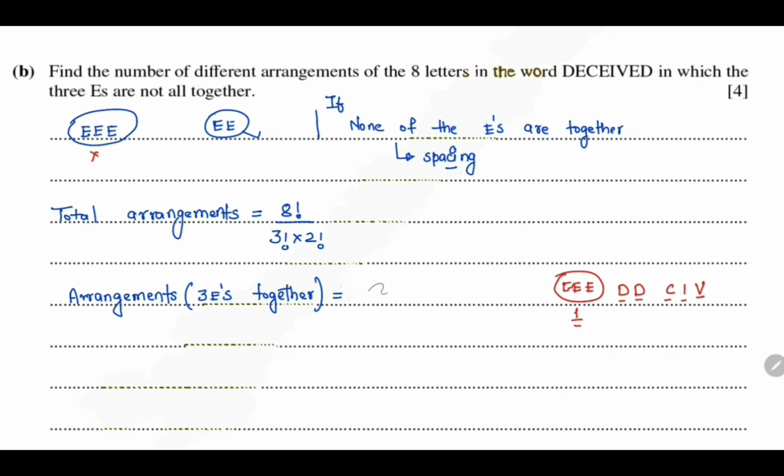So I will write 6 factorial divided by, I have 2 D's, so 2 factorial.